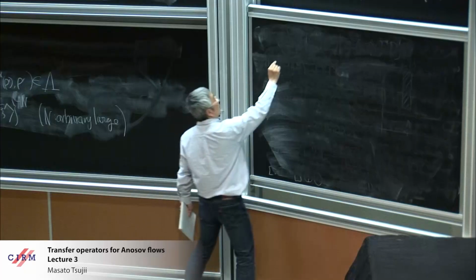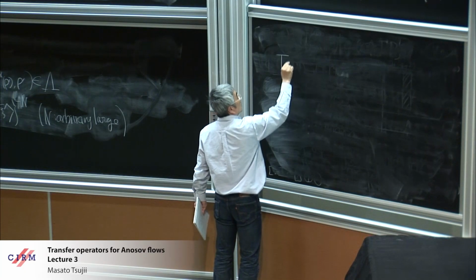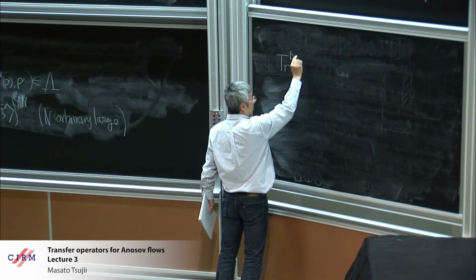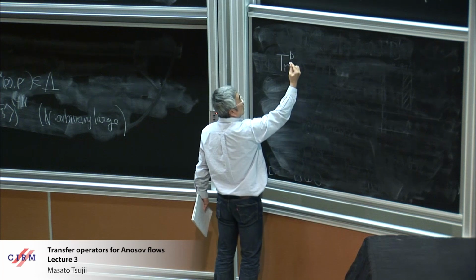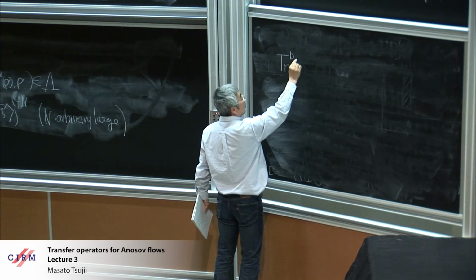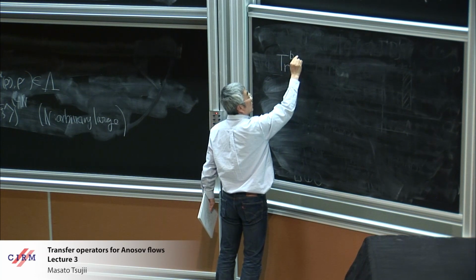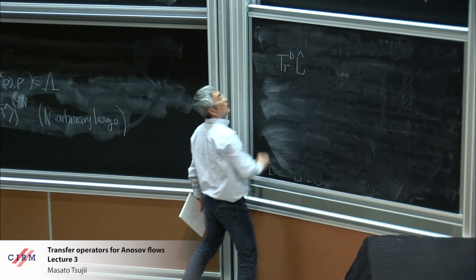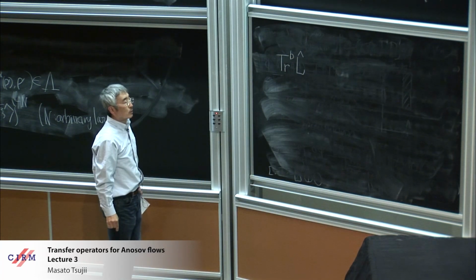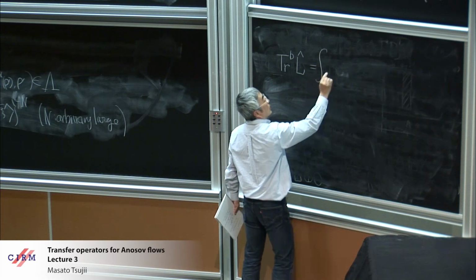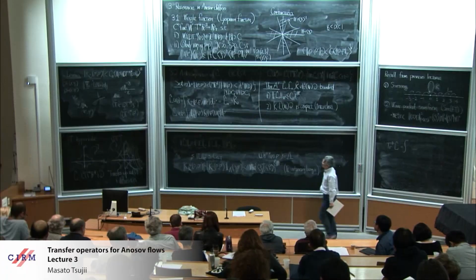But actually, one simple idea to define the trace for an operator is like this. This is called the flat trace. So this is L hat, we would like to compute it. But one idea is that, okay, we have that expression.